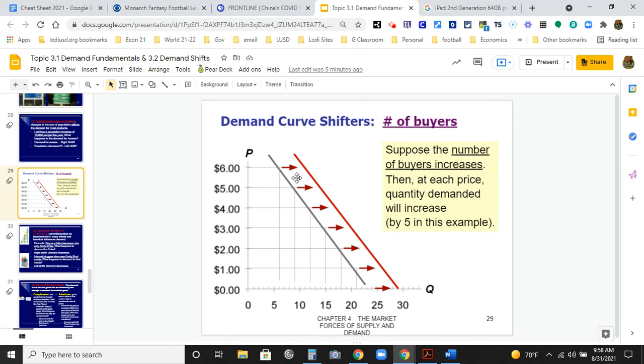But if there's a future price, an income issue, more buyers, substitute goods readily available, or consumer trends, where things get popular at certain times, like the pet rock at Christmas one year, or the mood ring, that shifts things to the right. But otherwise, if it's just price, you stay on the same line.